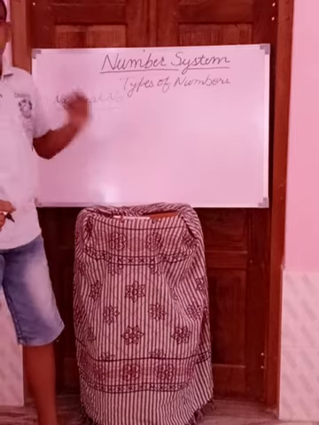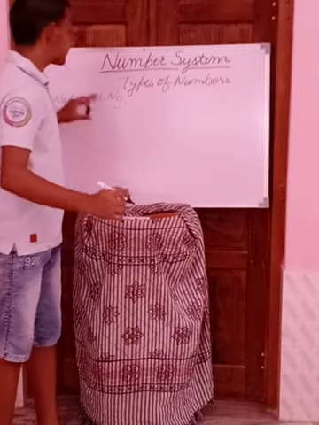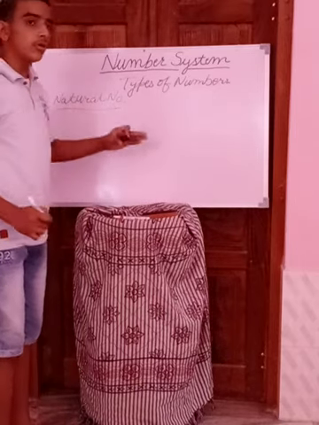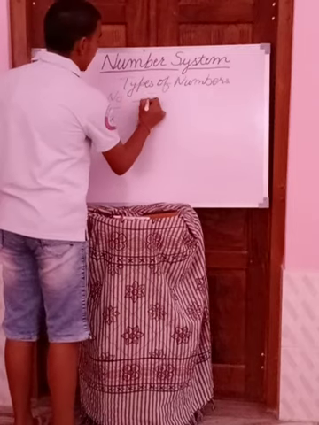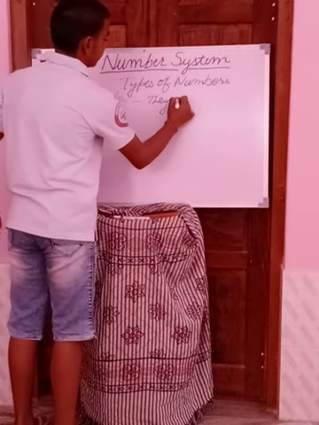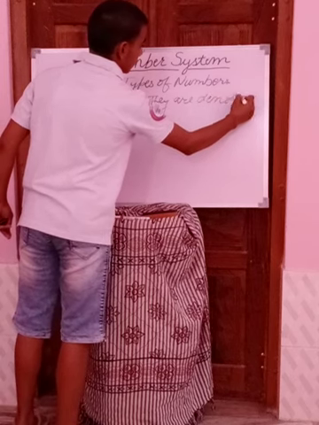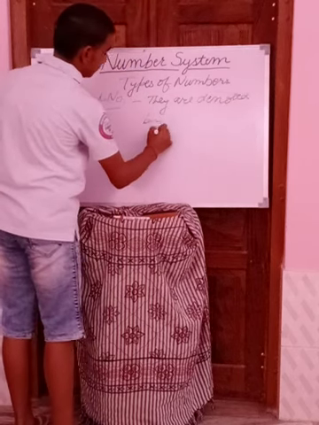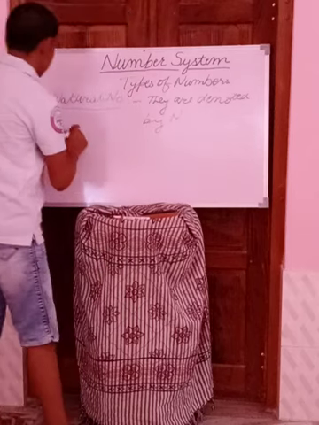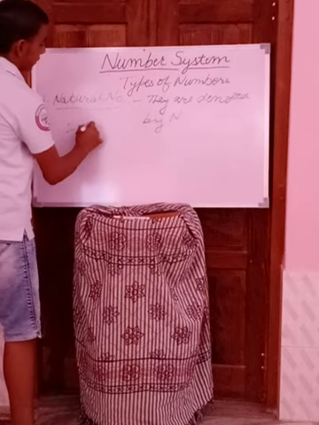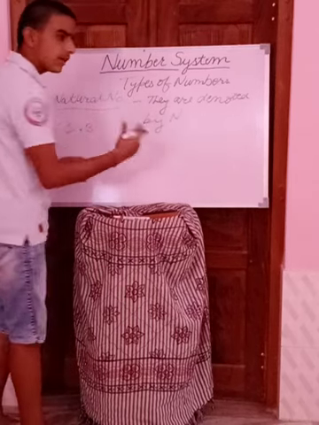Numbers that start from 1 and go to infinity are known as natural numbers. They are also known as the counting numbers. They are denoted by N. Like 2 is a natural number, 3 and etc. They go to infinity.